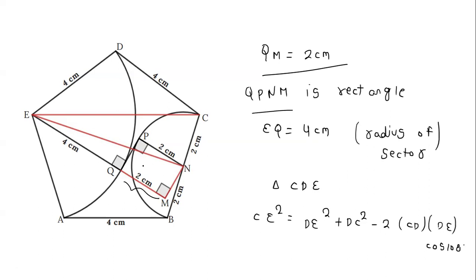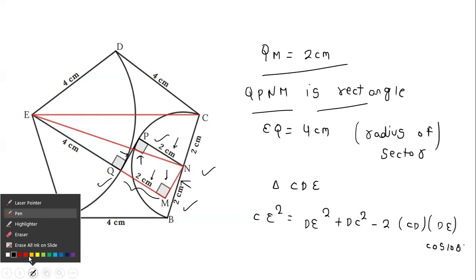And this QPNM is a rectangle then, because two sides have the same length, and these two sides also have the same length, and these angles are 90 degree. So this is a rectangle property. So this is a rectangle.